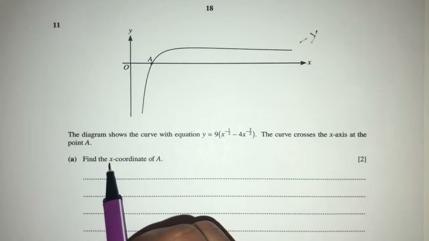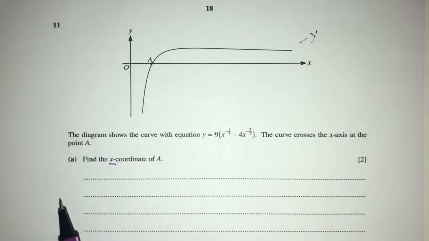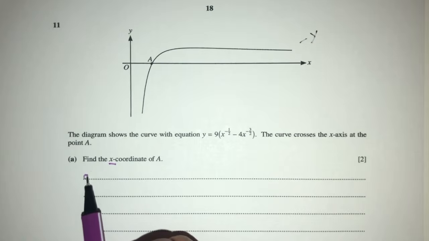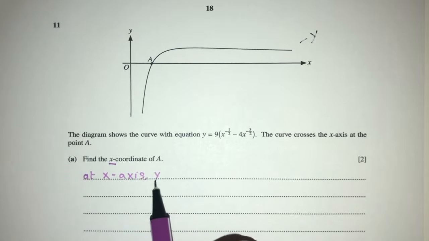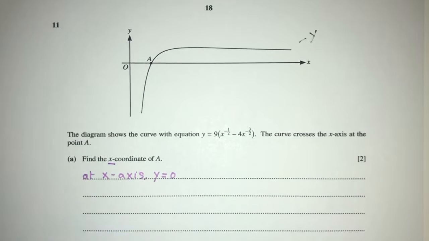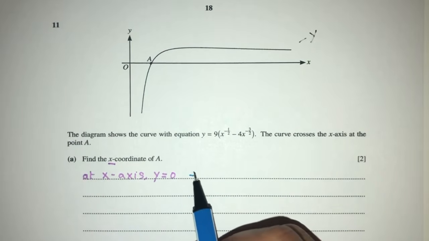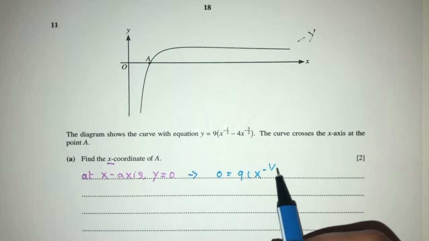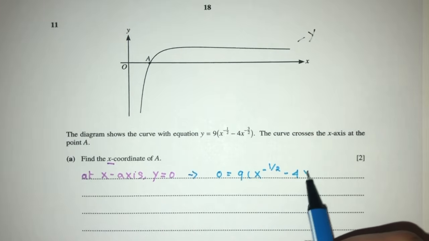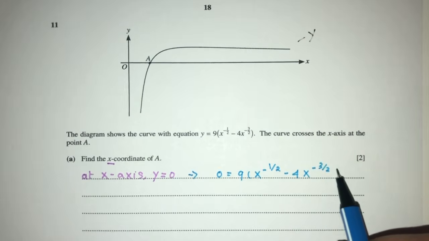That's pretty easy. The point A is on the x-axis. What do we know? On the x-axis, the value of y has to be 0. So just replace it back in your equation. That will be 0 equals 9x to the power minus half minus 4x minus 3 over 2.